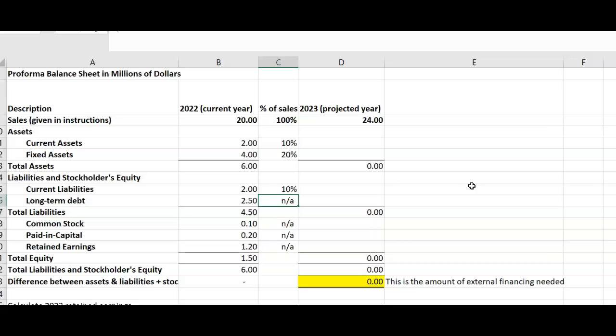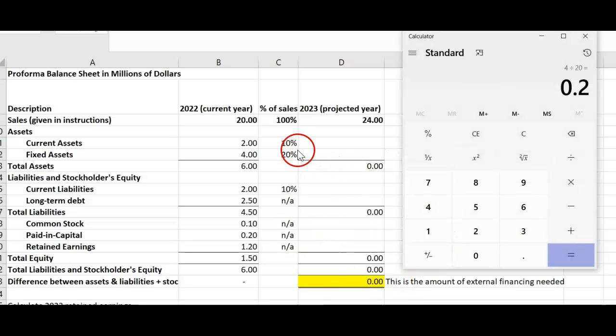So now that we've got our percentages, let's use those in the following year. To do the pro forma balance sheet, we assume that this percentage holds true in 2023. So we need to use that percentage and multiply it by what the sales are in 2023.